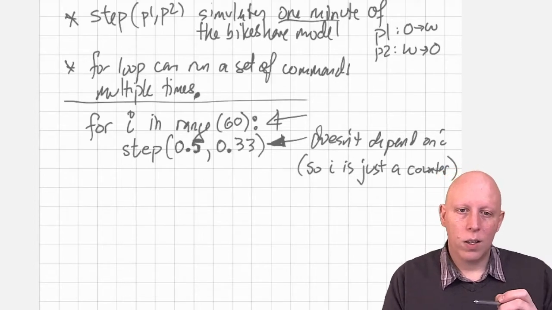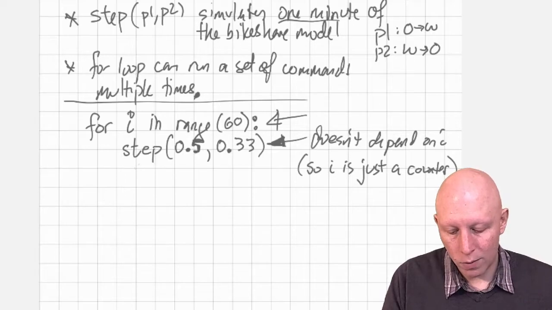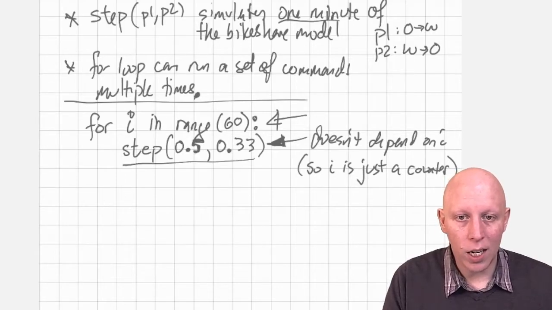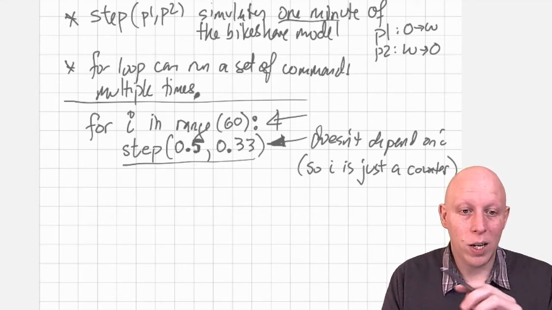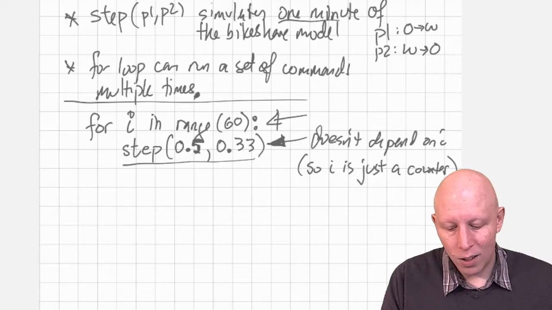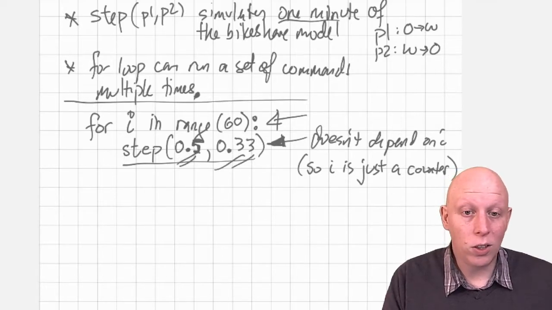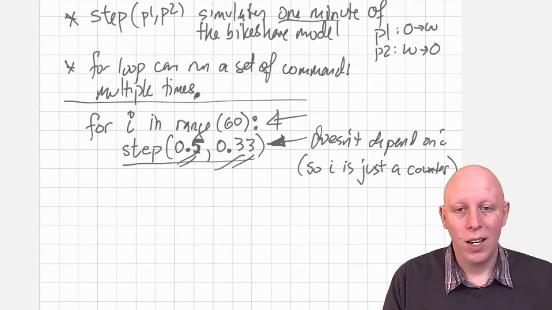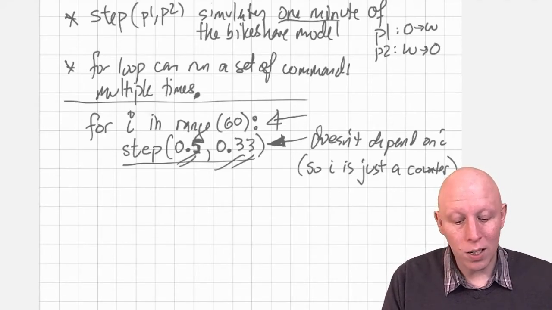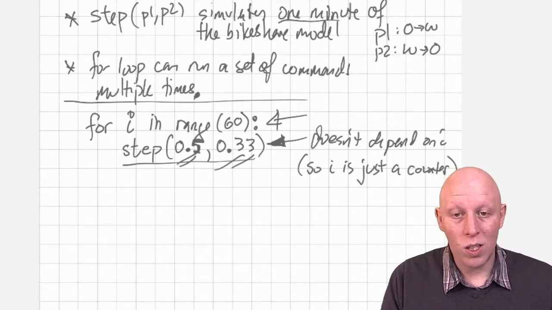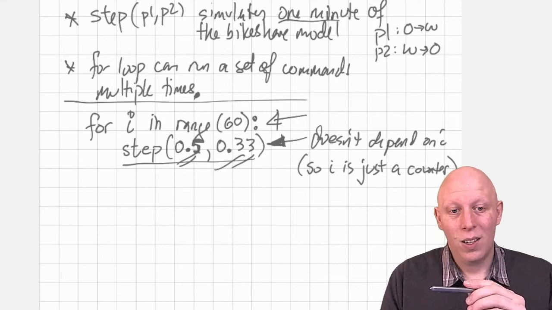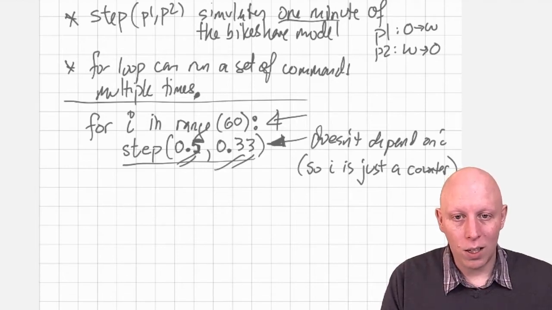If there were some aspect of this step that depended on i, so if the probabilities that a bike is taken changes and depends on i, then you could maybe write 0.5 and 0.33 as functions of i, and then it would depend on i. But at this moment, we're just using i to represent the time from 0 to 59.